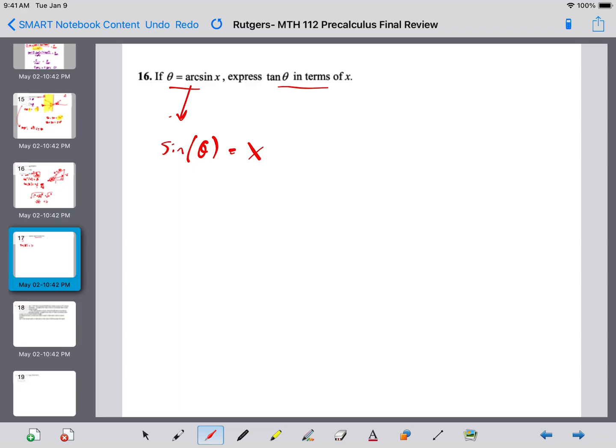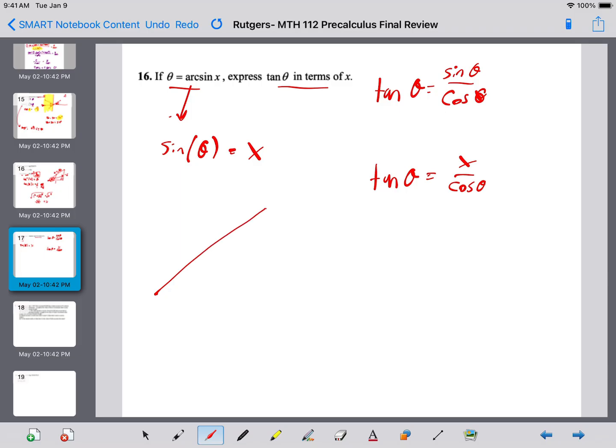So then, tangent of theta equals sine of theta over cosine of theta. So if we're writing it in terms of x, tangent of theta equals x over cosine of theta. That's one thing you could do.